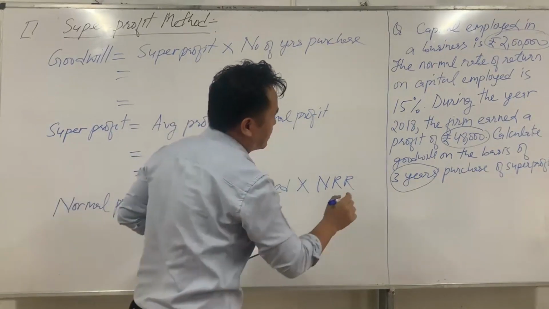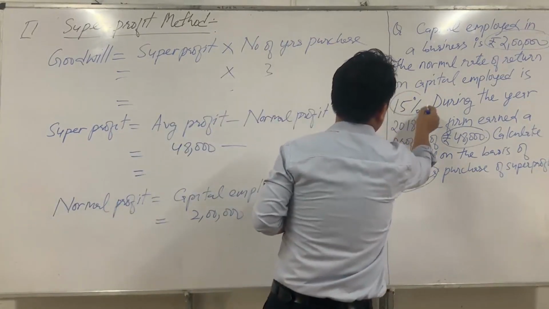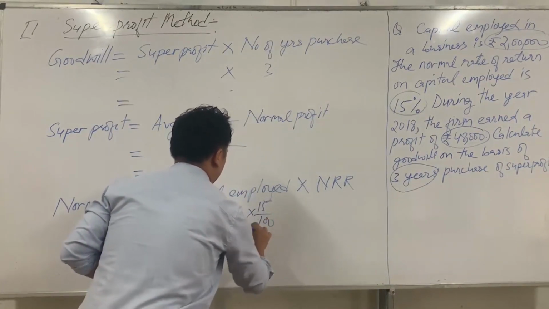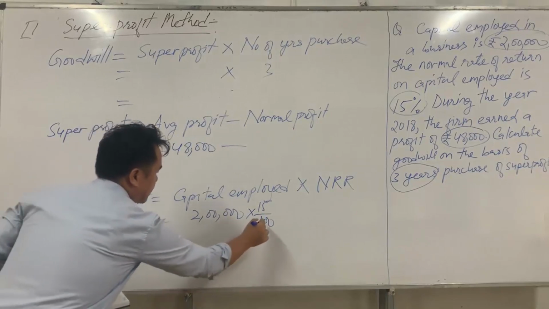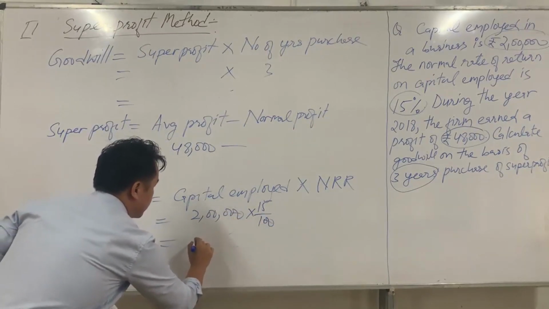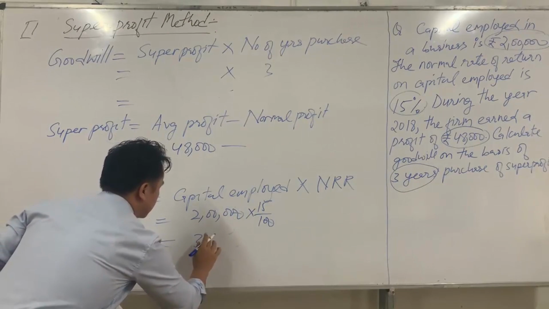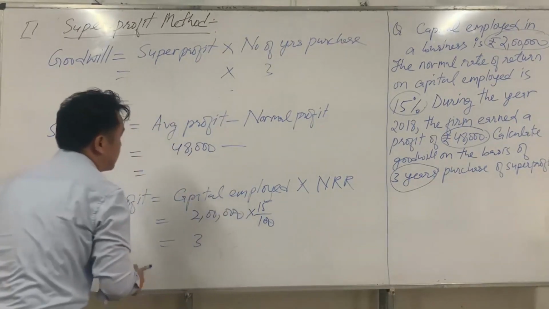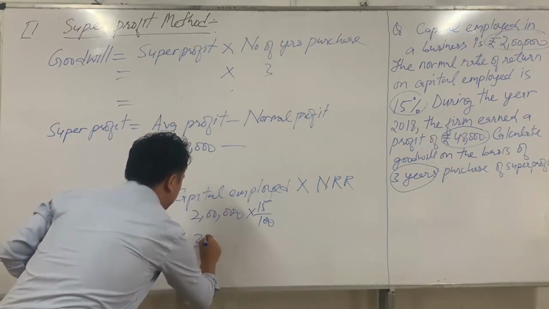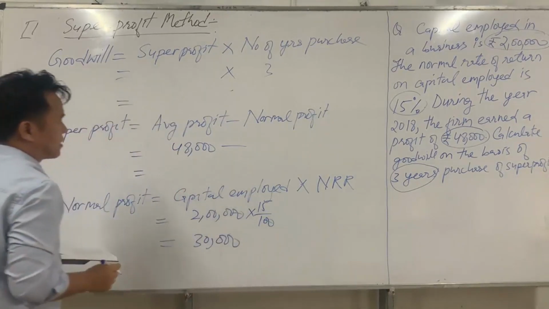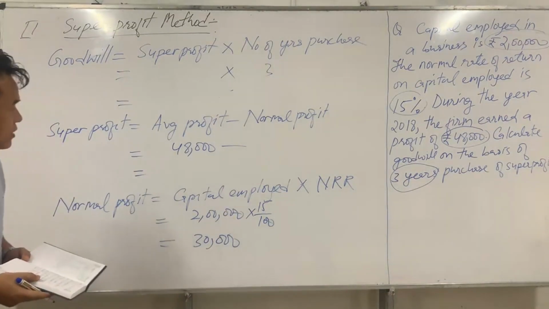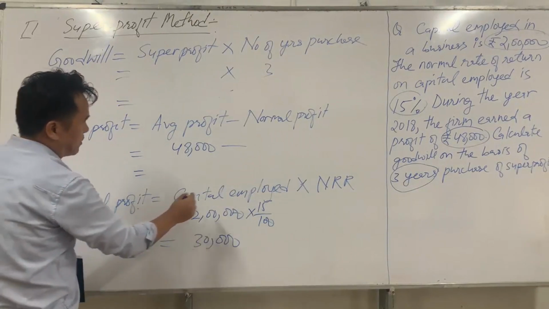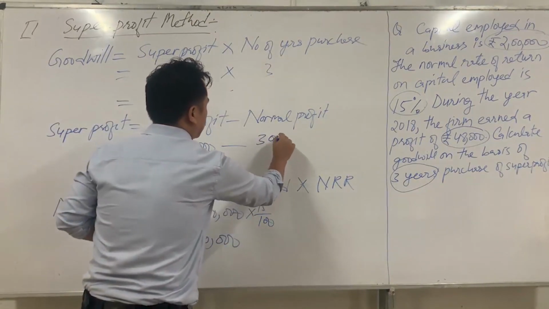And what is normal rate of return? 15%. Multiply by 15 divided by 100. So how much did we get here? Cancel. How much did we get? 30,000. Now we can put the value of normal profit, which is 30,000.